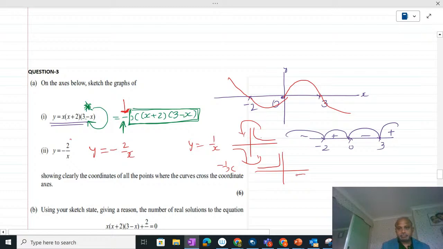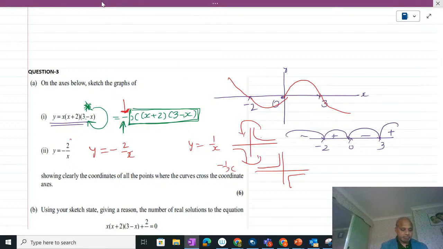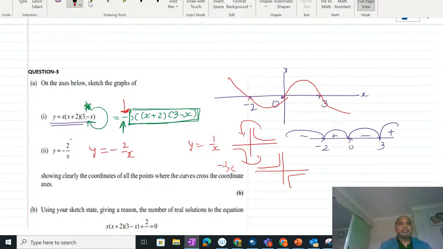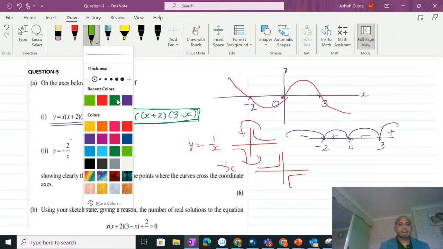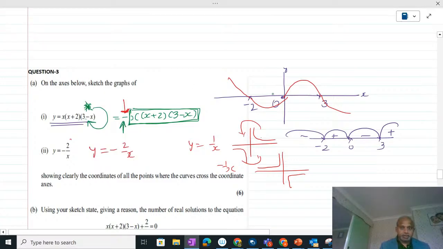So it should be like this. But they have given y equal to minus 2 over x. So we need to sketch the y equal to minus 2 over x graph together. So the minus 2 over x graph will be here somewhere, and it should be here, right?